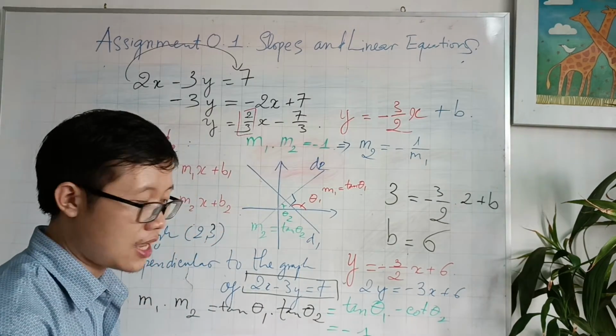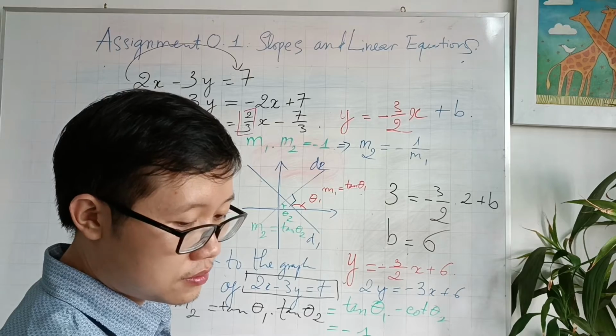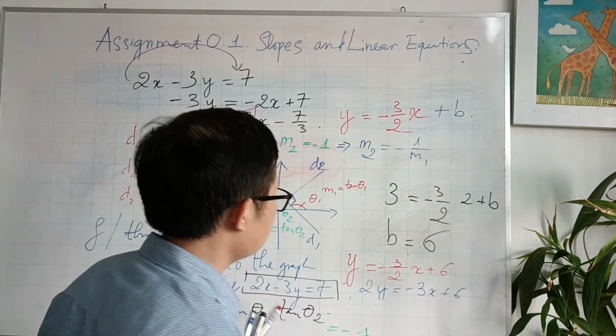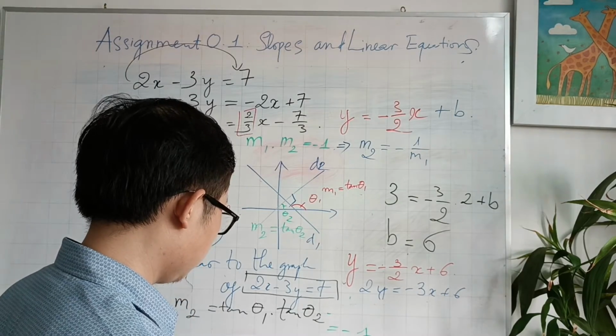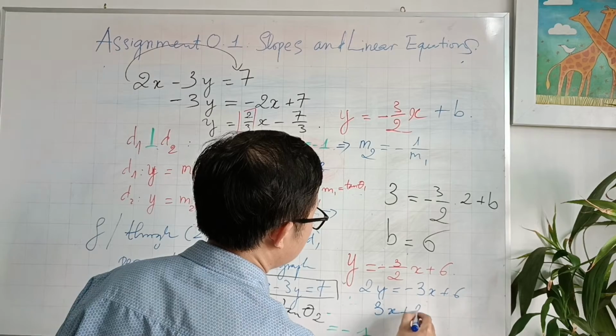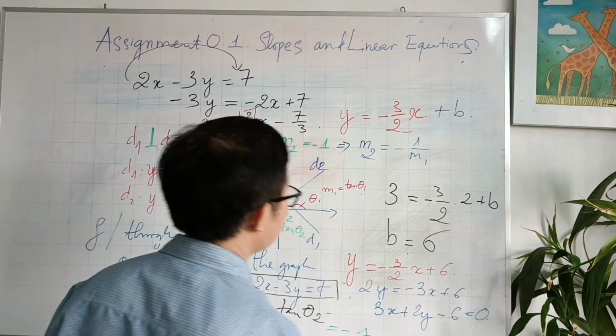So the last answer is 3x plus 2y minus 6 equals 0.